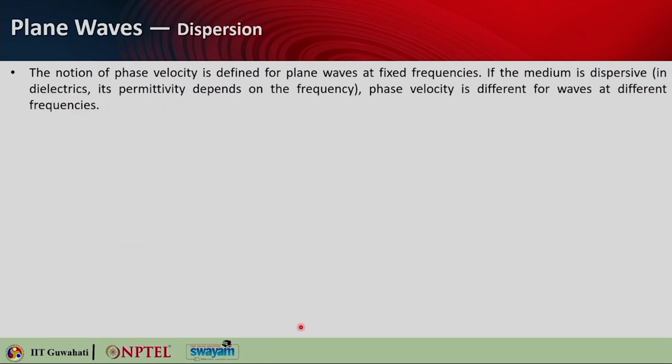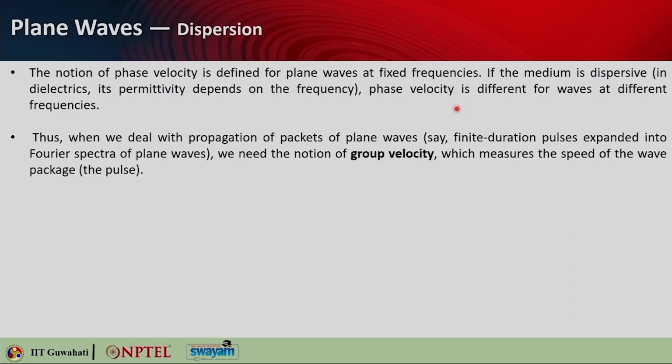Now you can also think about dispersion, in the sense that the notion of phase velocity is defined for plane waves at a fixed frequency. If the medium is dispersive, that means in dielectrics its permittivity can depend on the frequency. In that case, the phase velocity is different for waves with different frequencies. So how do we deal with it?